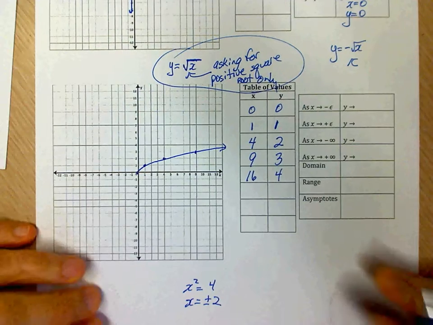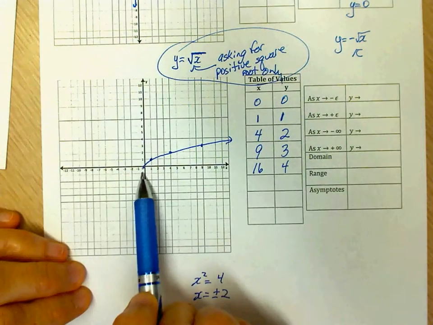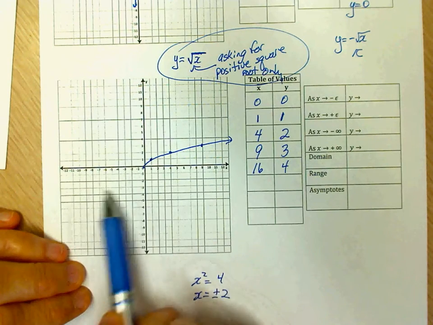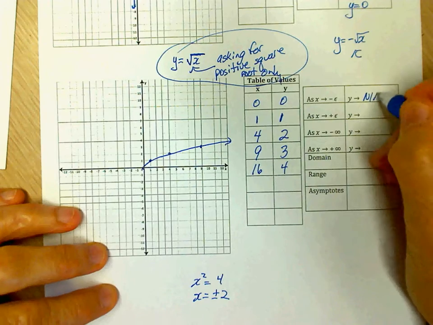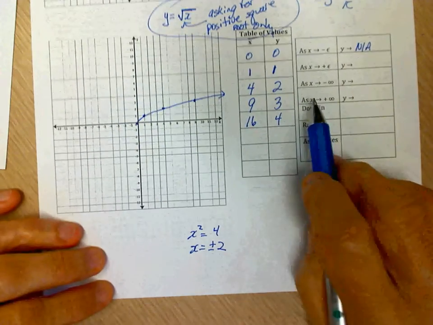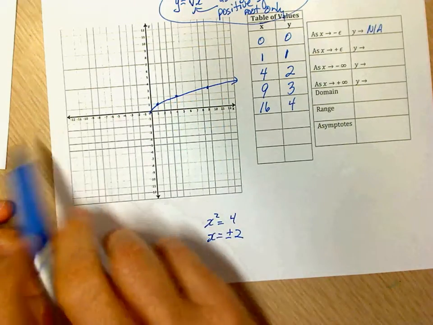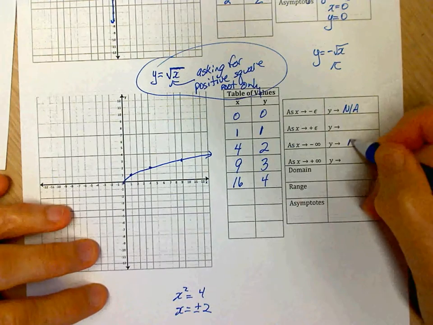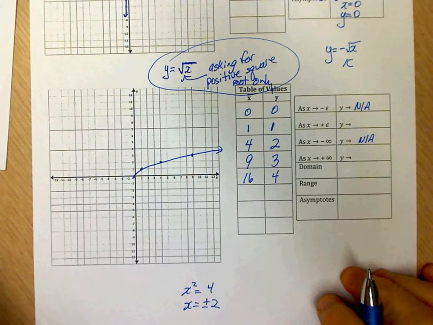So, as x approaches a very small negative value, notice this graph does not exist on the negative side, so we're just going to go non-applicable. And for this one here, as x approaches a very large negative value, this is not applicable for this graph because we just don't have any negative values on this function.